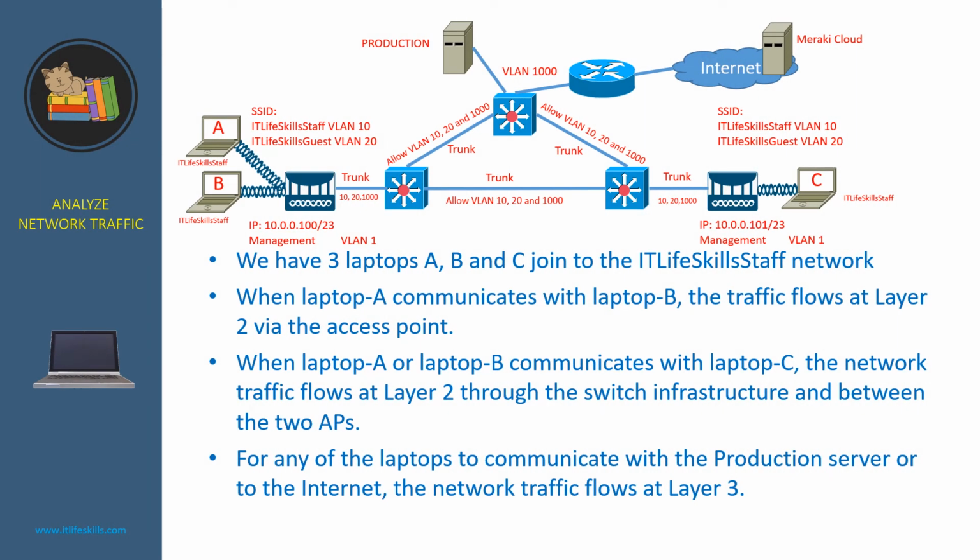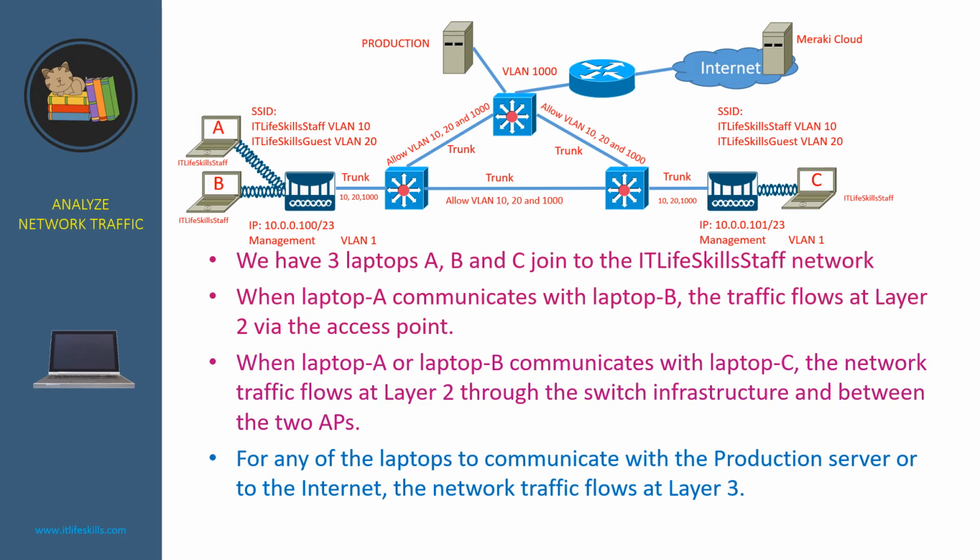Let's analyze network traffic to see how it flows in this network. To do that, we have three laptops, A, B, and C, joined to the IT Life Skills Staff wireless network. When laptop A communicates with laptop B, the traffic flows at layer 2 via the access point.